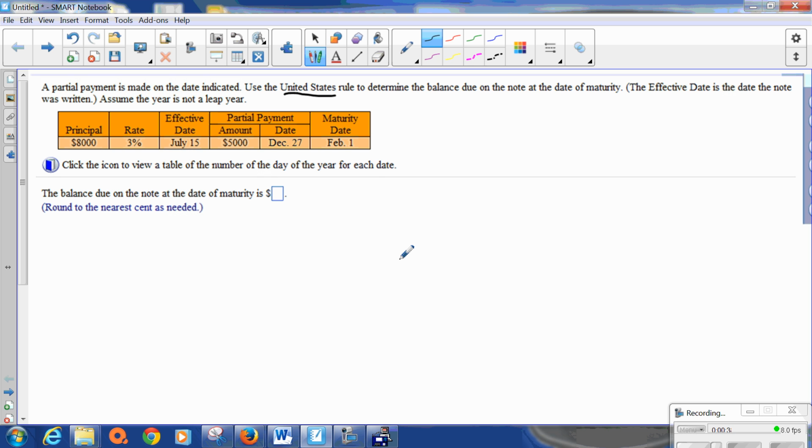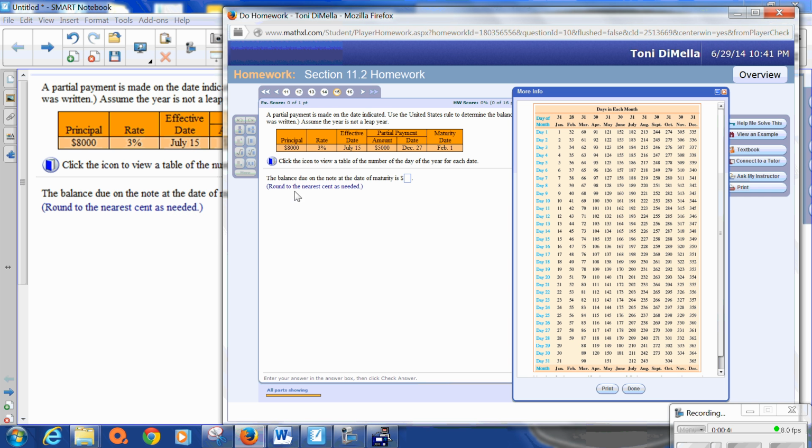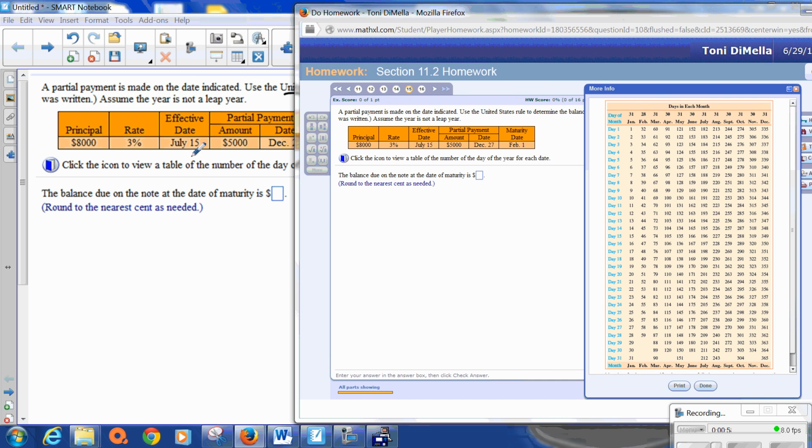Before I even start these problems, the first thing I do is pull up the day table. This is question number 15 on 11.2, and if you click on that little icon, this little box will pop up. You also have this in your textbook, in section 11.2. I will pull out the dates that we have here.